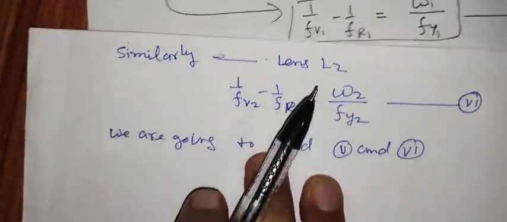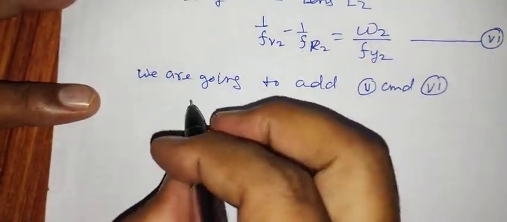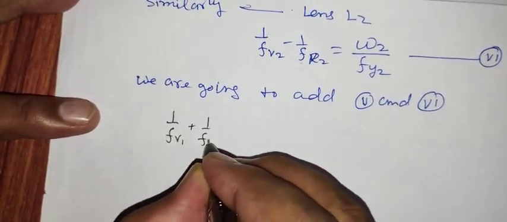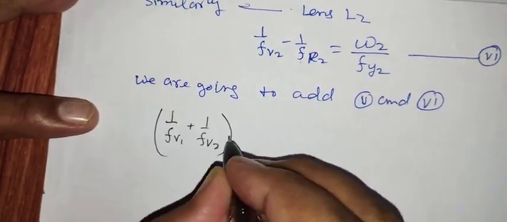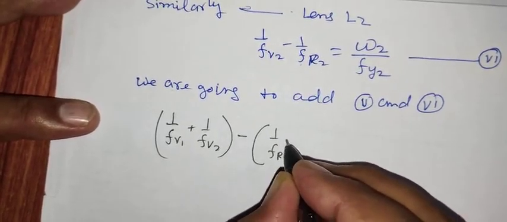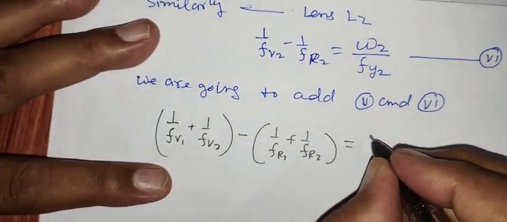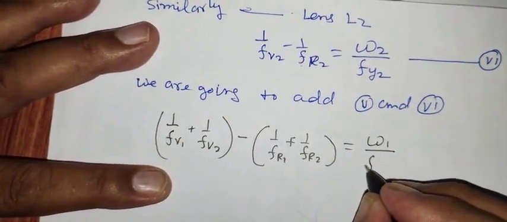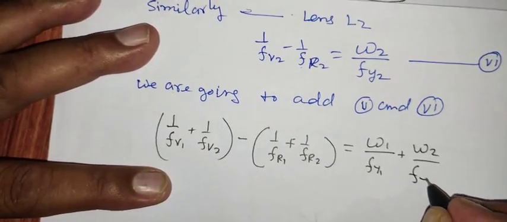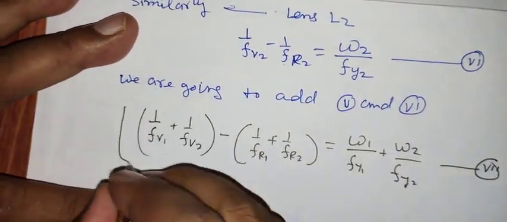So it can be seen in this way: 1 upon fv1 plus 1 upon fv2 for violet color minus 1 upon fr1 plus 1 upon fr2 is equal to omega 1 upon fy1 plus omega 2 upon fy2. This is equation number 7.